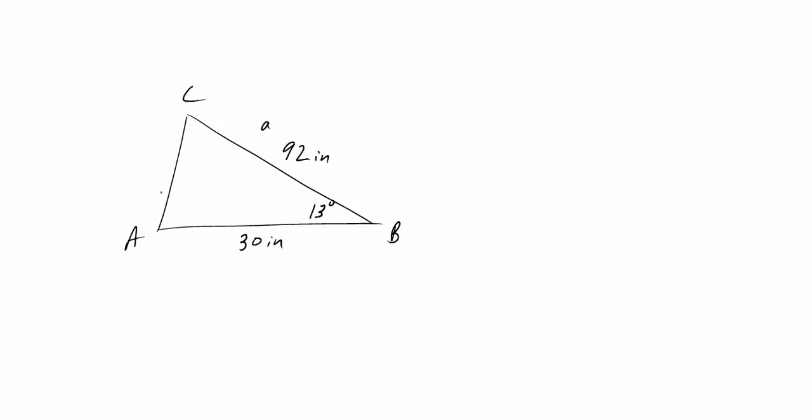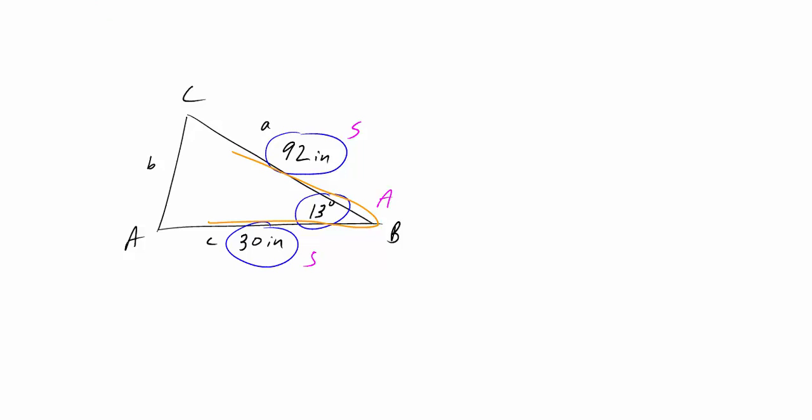So this would be side A, side B, and side C. If you notice here, we have our angle of 13 degrees, and then we have the two sides that actually make up that angle. So that's where we have what I'm calling side, angle, side.